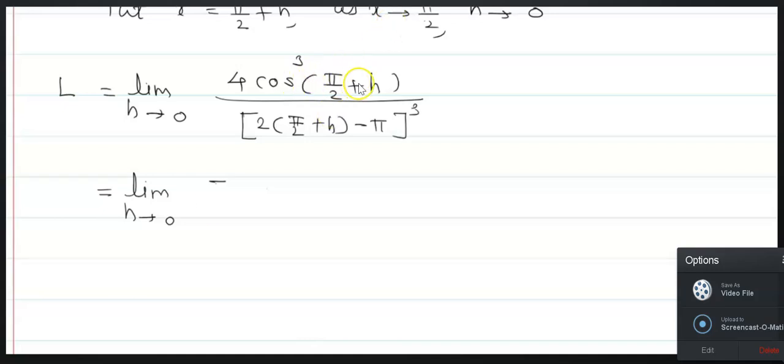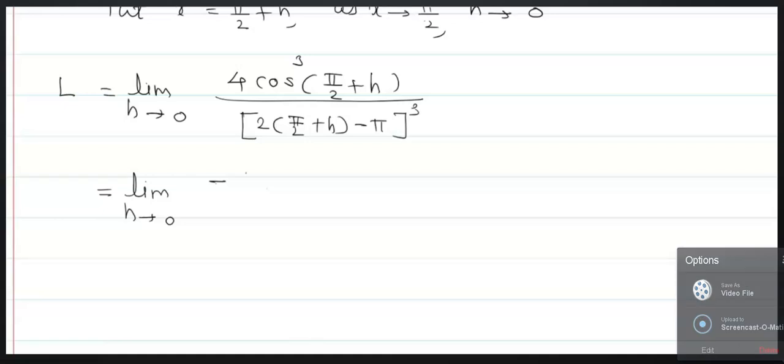Now cos of pi by 2 plus h, whenever there is angle pi by 2 plus theta, the function changes. Cos of pi by 2 plus h goes in second quadrant. In second quadrant, cos is negative. Therefore, overall minus 4 sin cube h will be there.